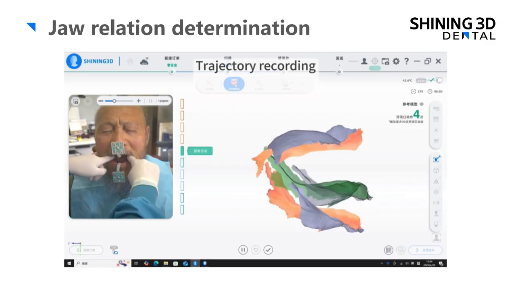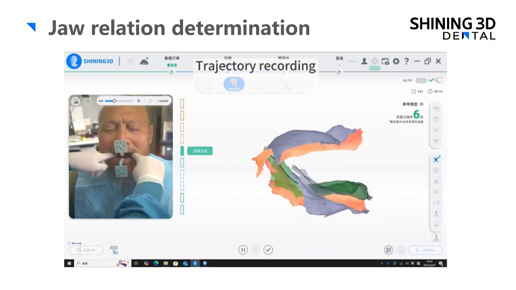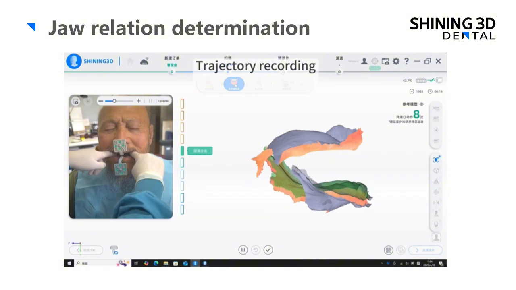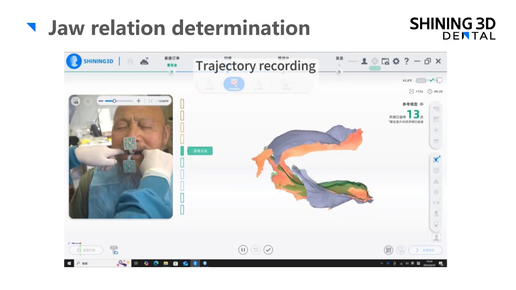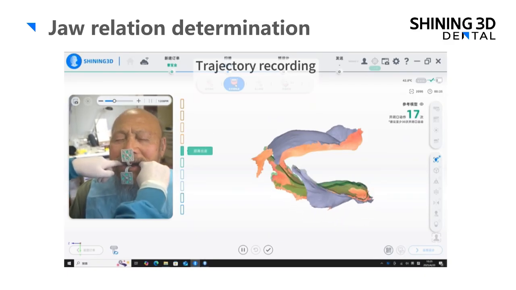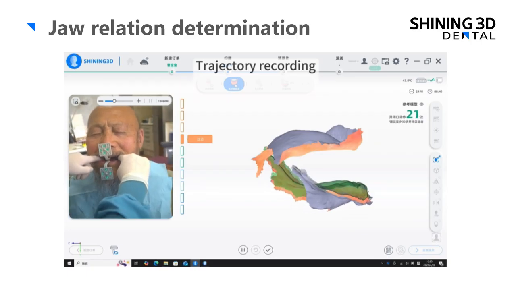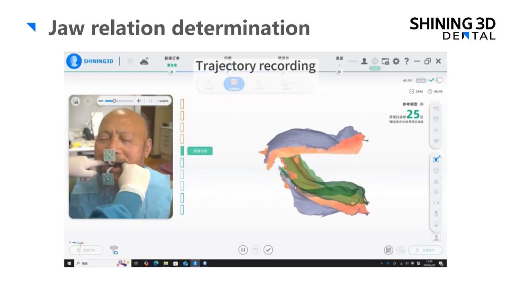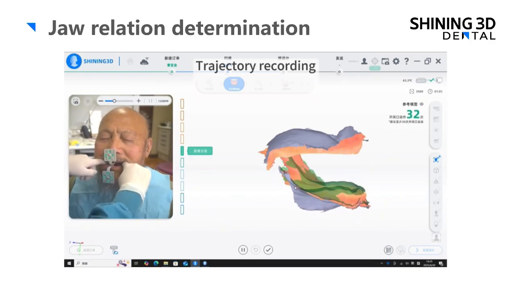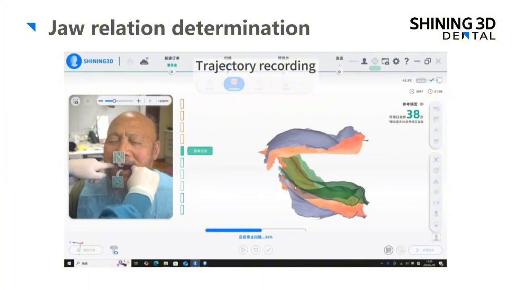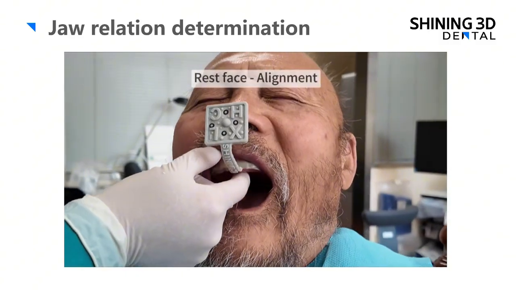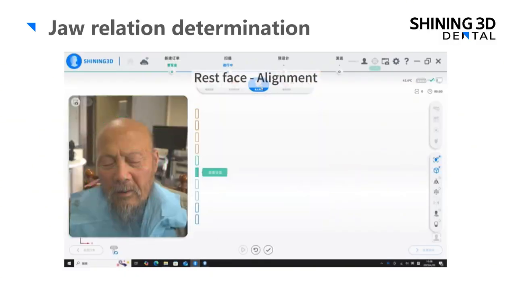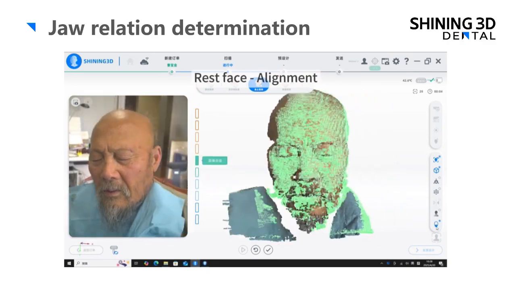Relax the muscles of the patient, and the dentist puts two fingers inside the patient's mouth to make sure the patient won't bite too deep during the movement, so the patient does small closing and opening movements. After tracking over 30 small closing movements, we can remove the motion trackers along with the base, and then we can do a resting face scan.